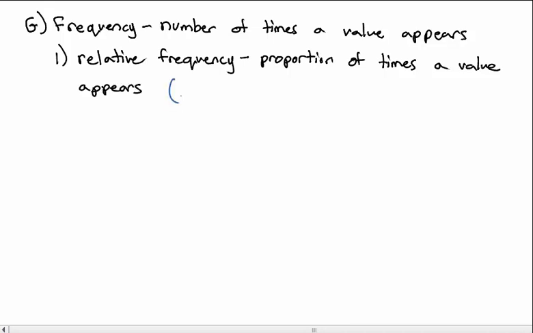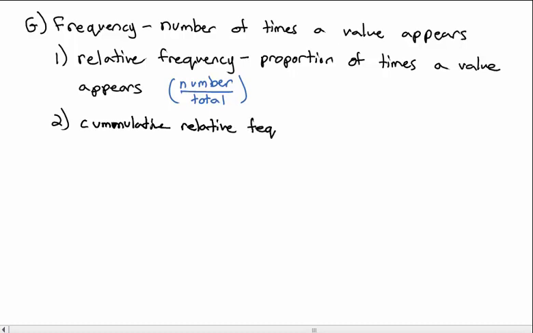Basically, what we're doing is we take the number of times it appeared divided by the total in the survey. And then often what we're interested in from there is what is called the cumulative relative frequency.